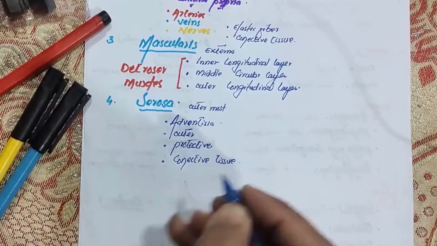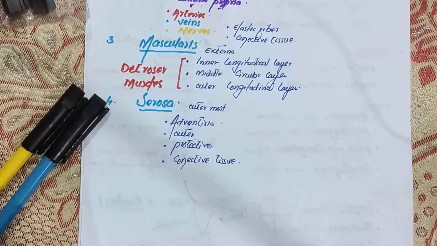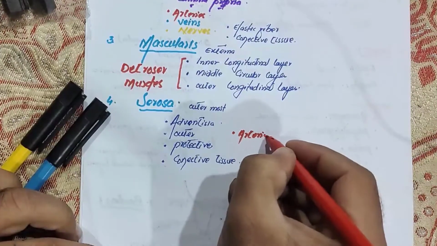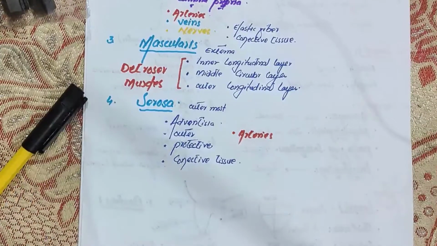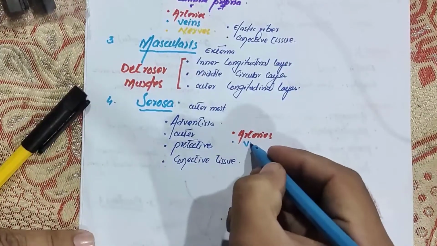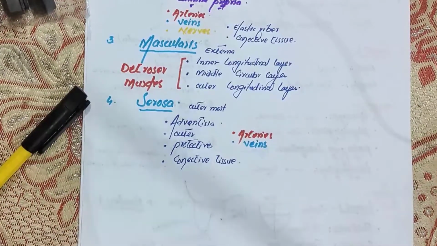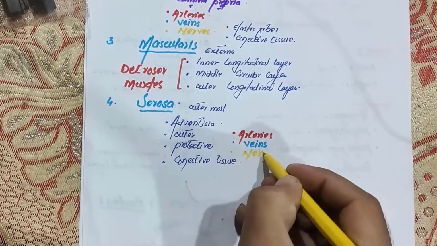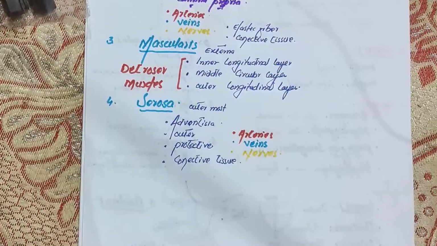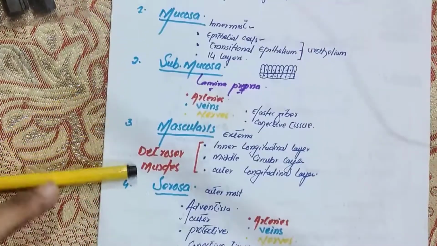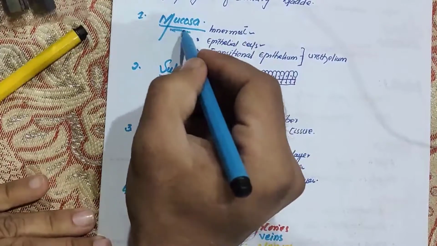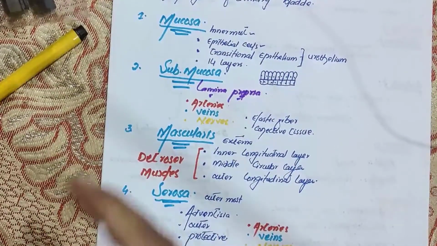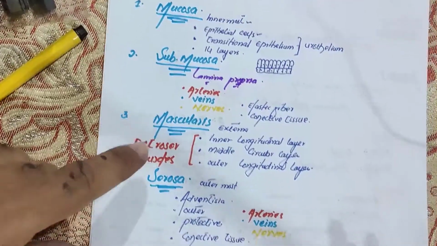Along this connective tissue it also contains blood vessels like small branches of arteries, veins, and nerves. So these are the four layers of your urinary bladder: the mucosa, submucosa, muscularis and serosa.